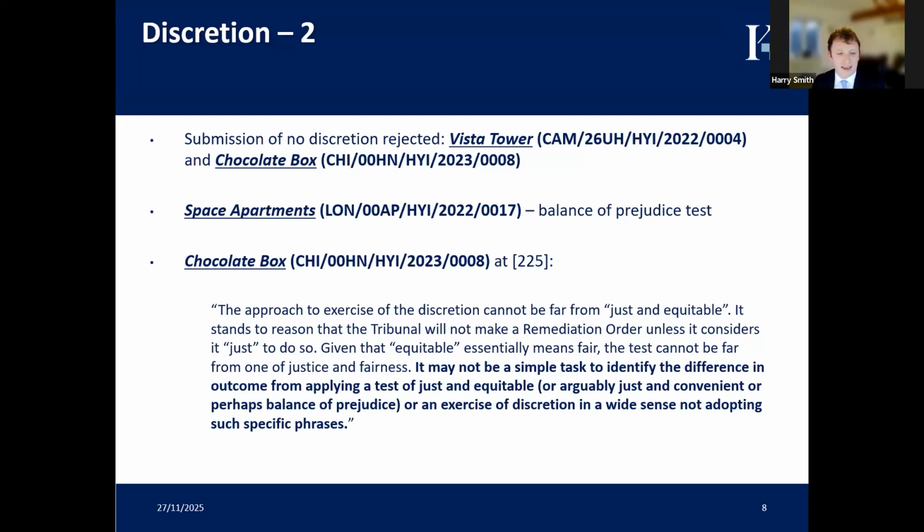In the Chocolate Box case, the tribunal said, rather differently, that it stood to reason that notwithstanding the absence of the words "just and equitable" from section 123, it would not make an order unless it was both just and equitable, or fair, to do so. I've put an extract from the tribunal's reasoning on the slide, and I'll just read out the part in bold: it may not be a simple task to identify the difference in outcome from applying a test of just and equitable, or arguably just and convenient, or perhaps balance of prejudice, or an exercise of discretion in a wide sense, not adopting such specific phrases.